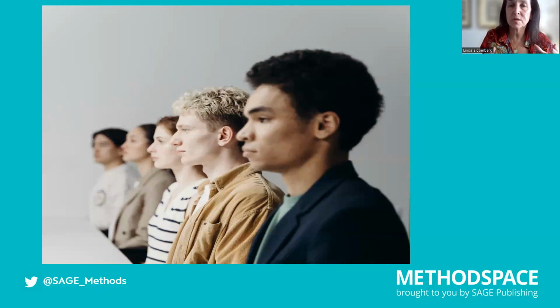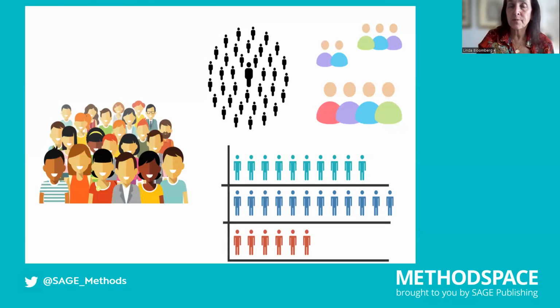So we look at a small purposeful sample of individuals that we have selected to be part of the research study. In quantitative research, in contrast, we're looking at this much broader population, where we apply random sampling, and we then attempt to generalize the findings of the study to the broader population. Those are the two main specific features of qualitative and quantitative research that diverge from each other.